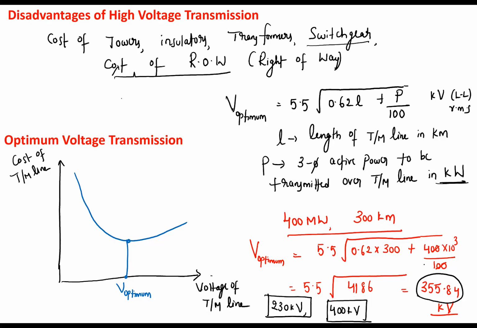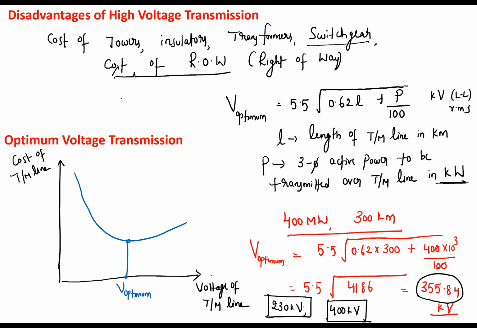So from this empirical formula, you get the ideal range. We will not get conductors, insulators, and towers for 350. You have standard voltages like 230 kV, with towers, insulators, and support structures already designed. Even for 400 kV lines, the infrastructure is designed. Out of these two, you compare the costs and prefer whichever is cheaper.